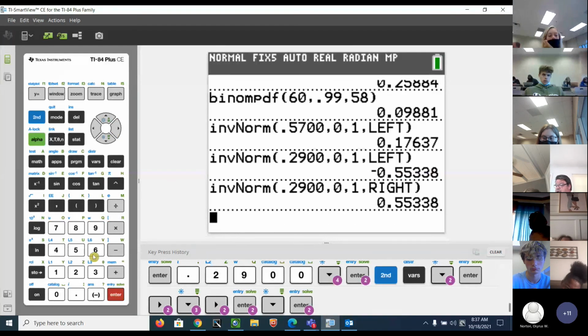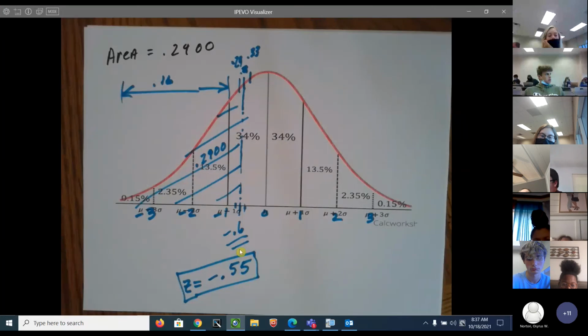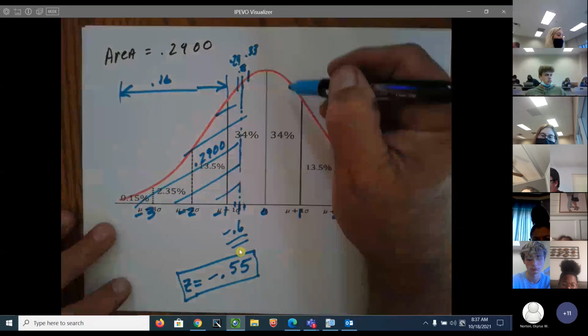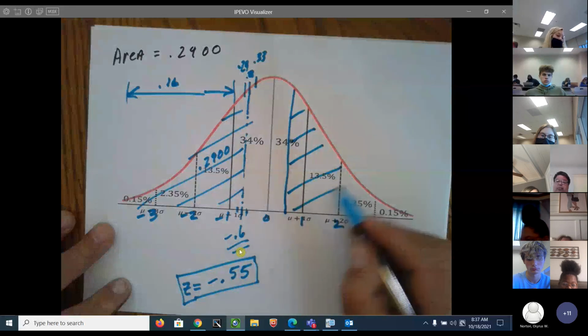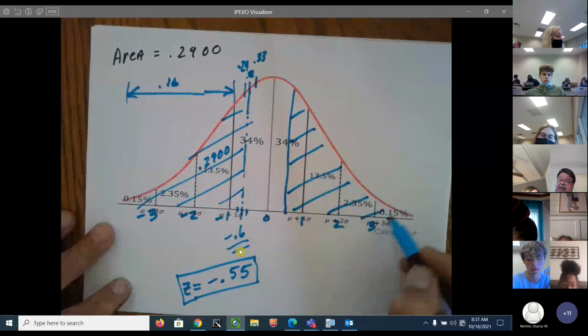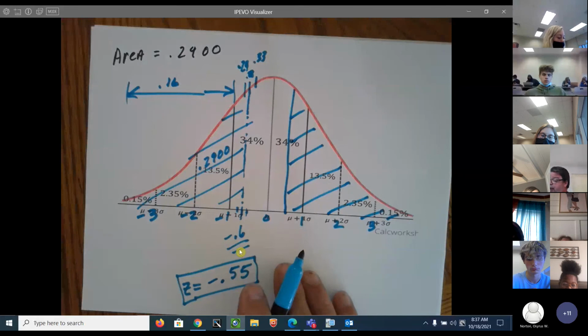I'll show you what they just said. In other words, the right tail, they want the right to be 0.55. Mr. Long, you were correct, we did the left side. So just think of this as another problem. We did this side.